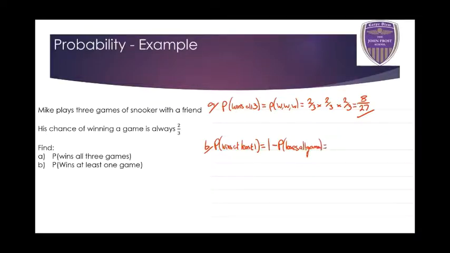So we can find 1 minus P of lose, lose, lose, which equals 1 minus the chance of him losing, a third, so a third times a third times a third. 1 take away a third times a third times a third is 1 over 27. So 1 take away 1 over 27, well, we could think of 1 as 27 over 27, and that would leave us with 26 over 27. Okay, so we've turned potentially quite a difficult question into a much easier one, by finding the only outcome which isn't the one we're looking for and taking that away from 1.